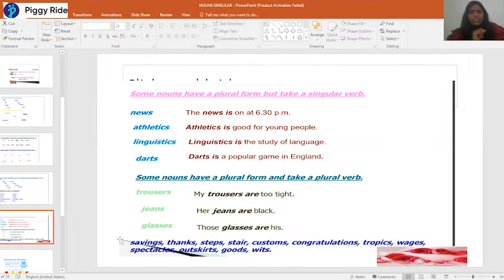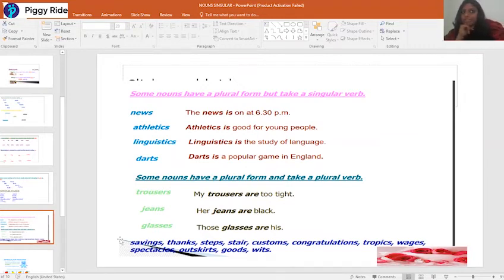Heartiest thanks to you for helping me in my construction steps. Stairs. There are so many steps to take to reach the building. I have 10 stairs to cross to the next room.